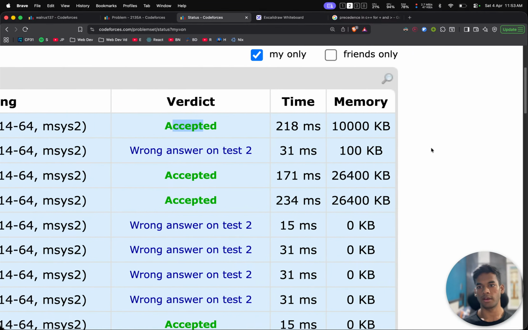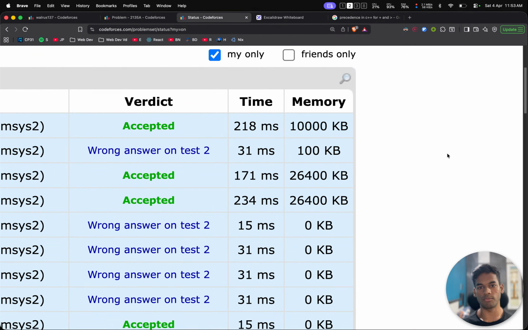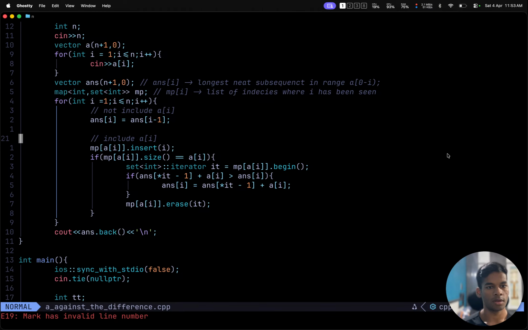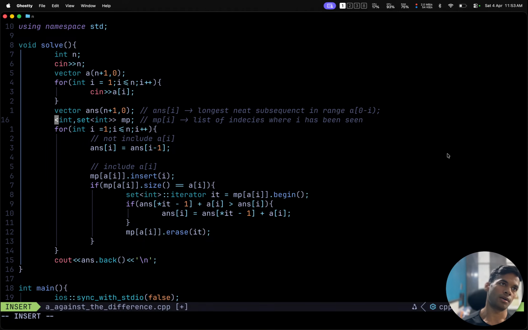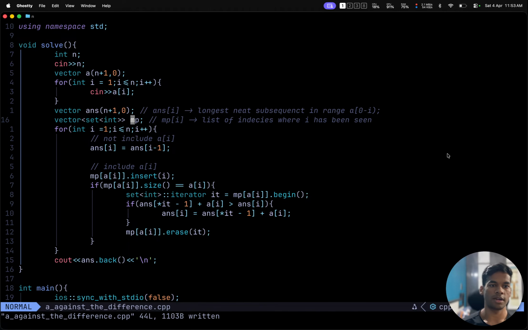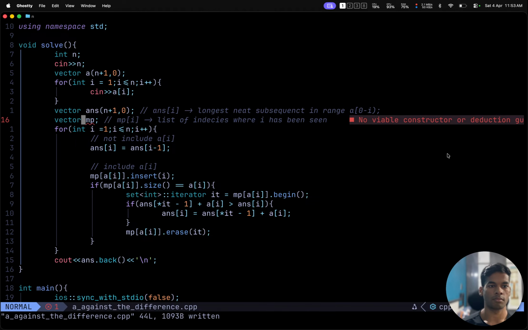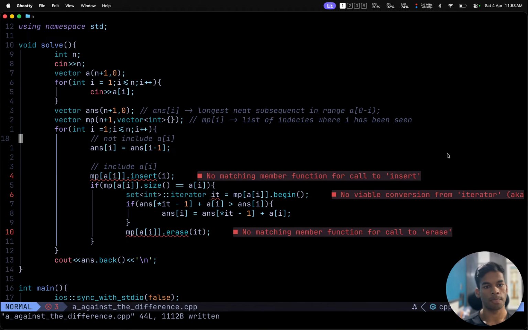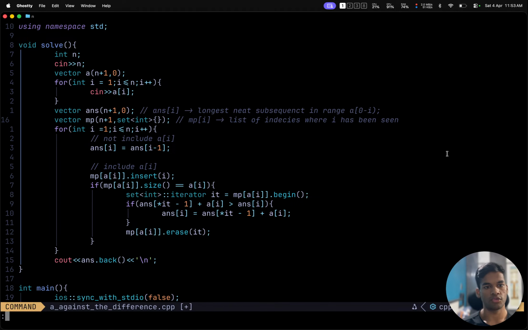And let's go. Correct answer. And this is using a lot of memory because we should probably change this to a vector of set where size n plus 1 is a valid size, and each element is at the start a vector of integer or a set of integers.